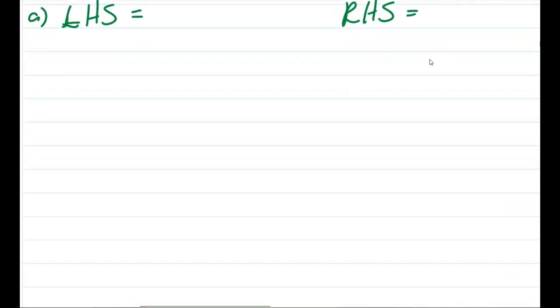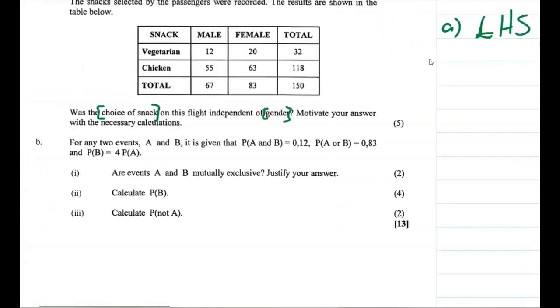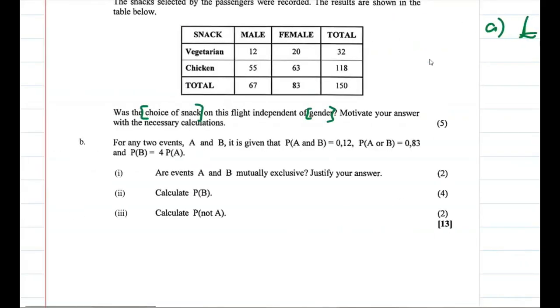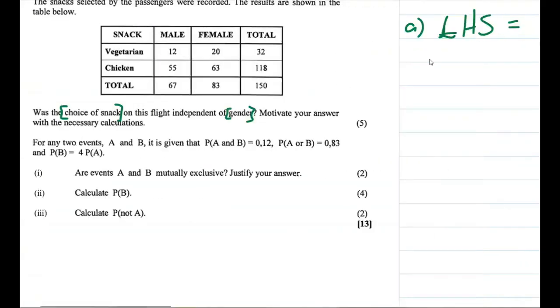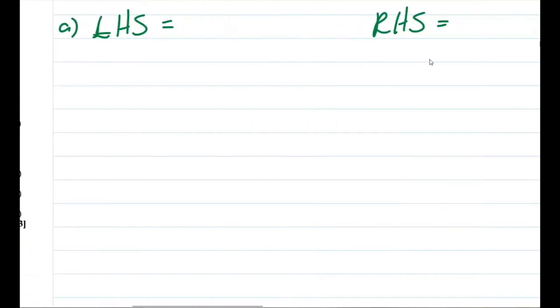That's fine. I'm setting it up for you. Okay, independent events. Yes. What's the left-hand side of that formula that they give there? It says P, A, and B. So the probability of A and B. And what's the right-hand side?